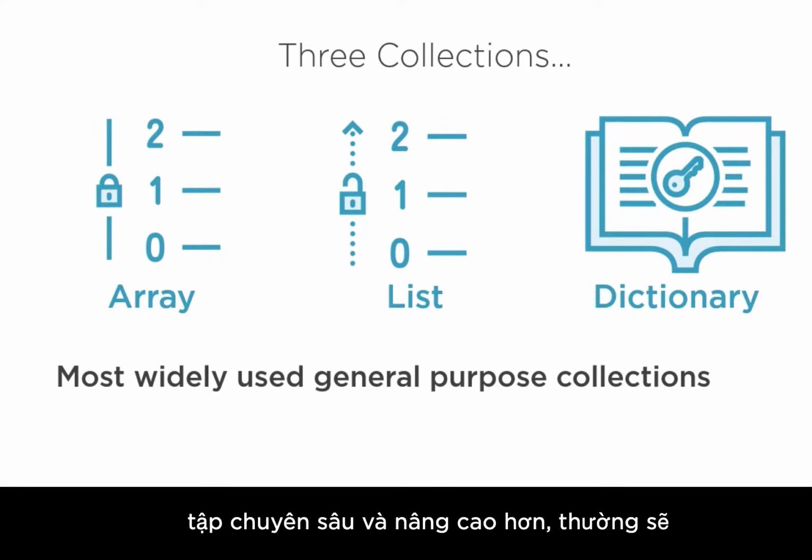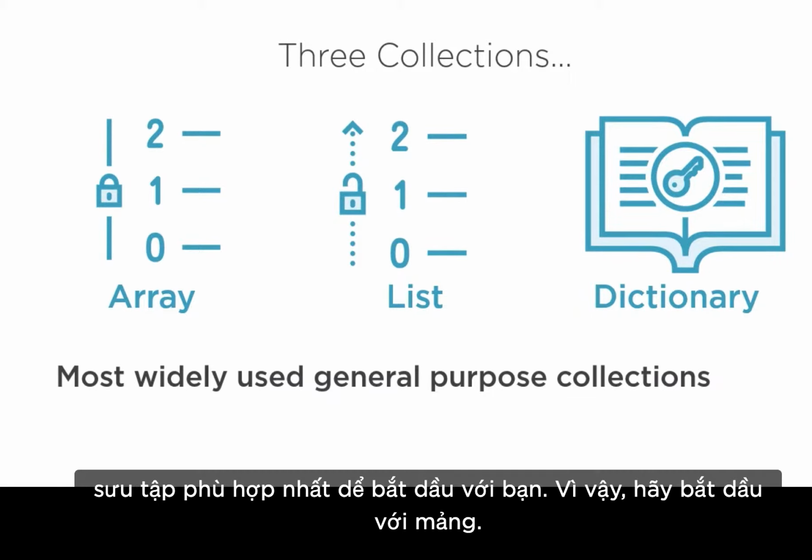There are lots of more specialized and more advanced collections which will often give you cleaner code or a more efficient solution to a particular problem, but for a very wide range of situations, you can come up with a reasonable solution using either the array, the list, or the dictionary, which is why I think those are the most appropriate collections to start you off with.